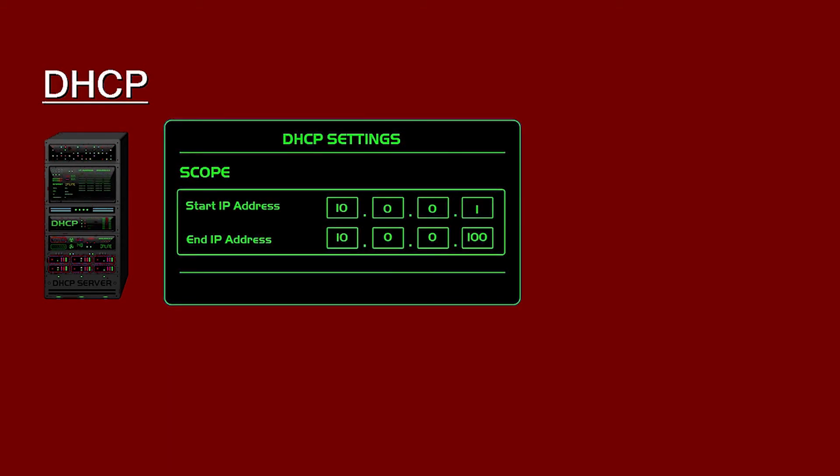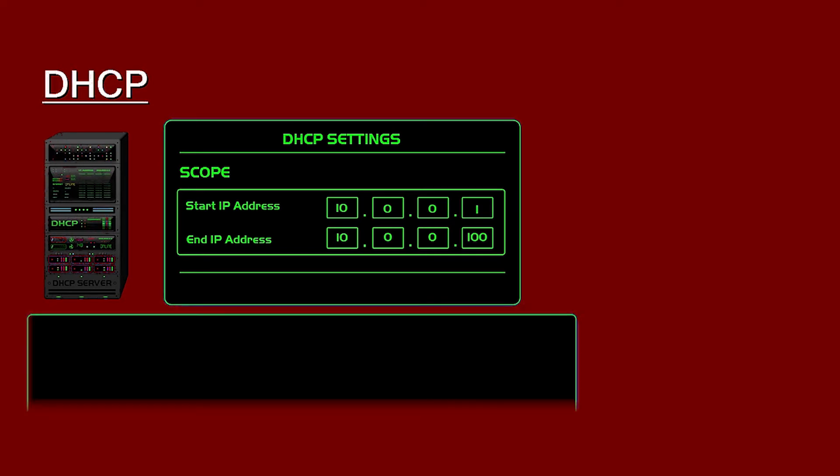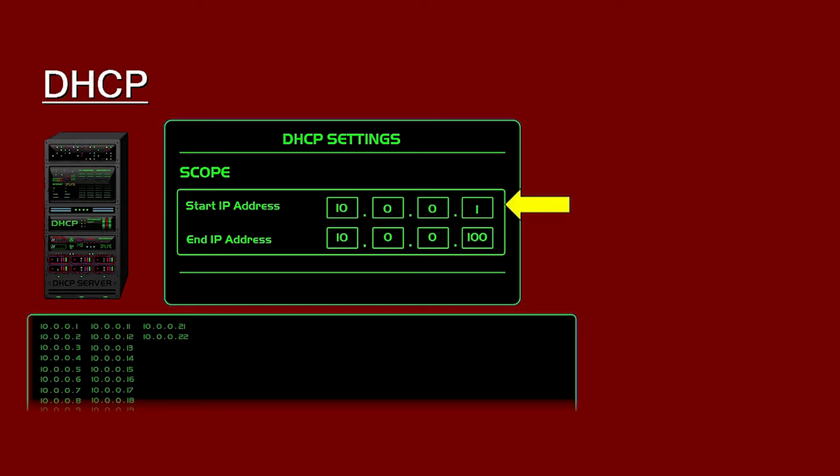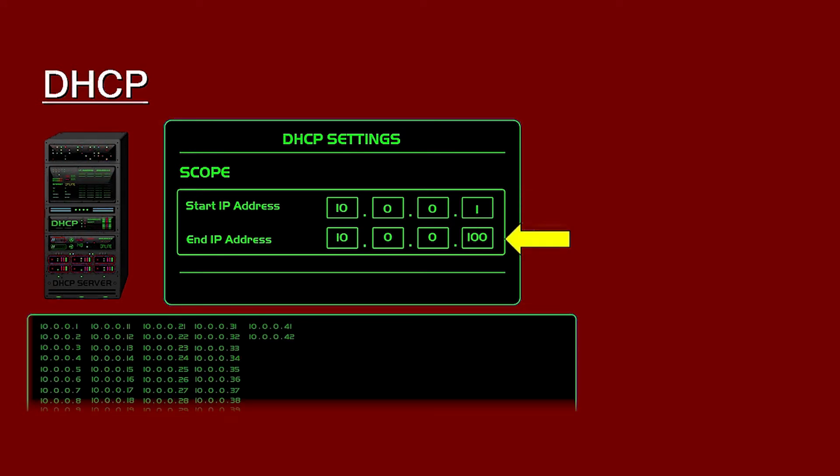Now, a DHCP server assigns IP addresses to computers on a network from its scope. And a scope is a range of IP addresses that a DHCP server can hand out. So as an example here, we see a scope of IP addresses on this server. As you can see, the range starts with this IP address and ends with this IP address.